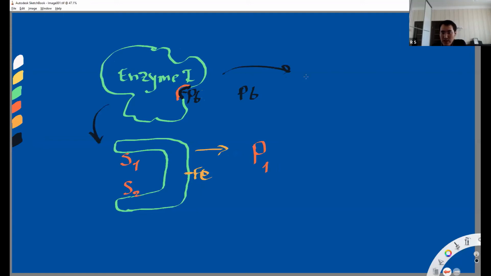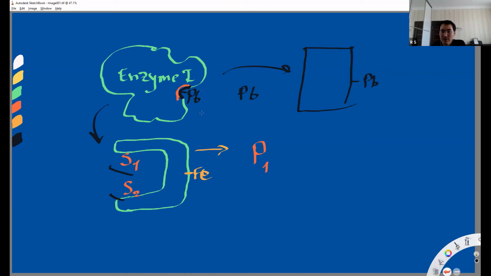It will make it inaccessible for substrates. So instead of the usual enzyme, we have something of a different shape, and this enzyme is not functioning as we suppose it to function.